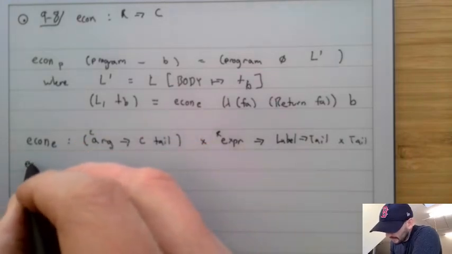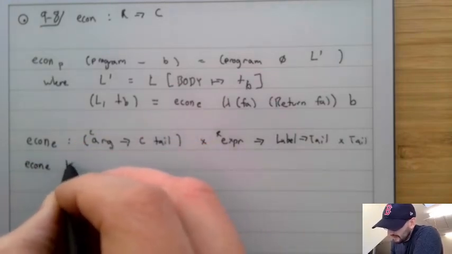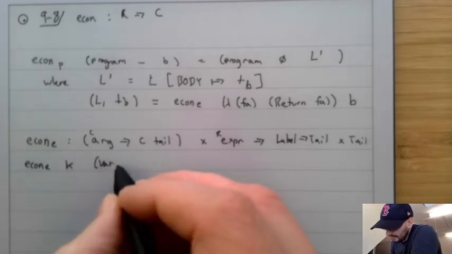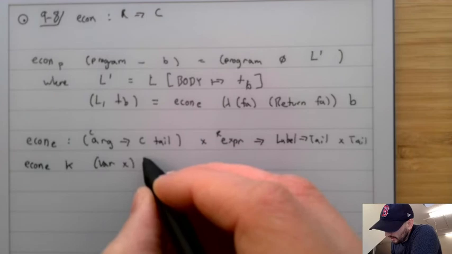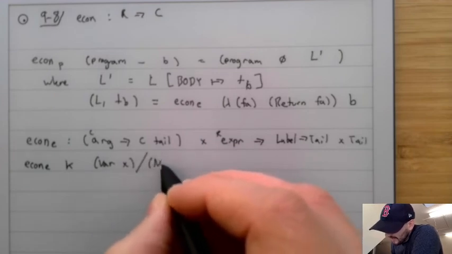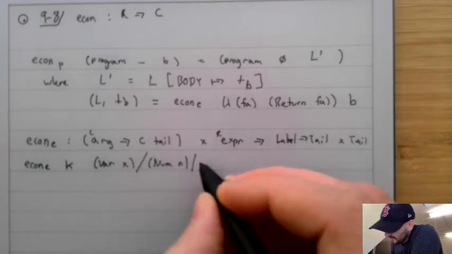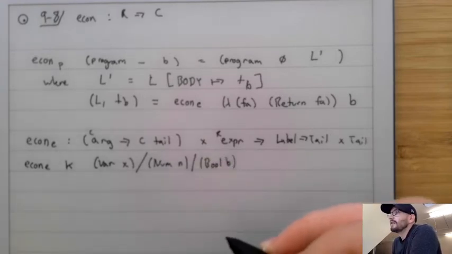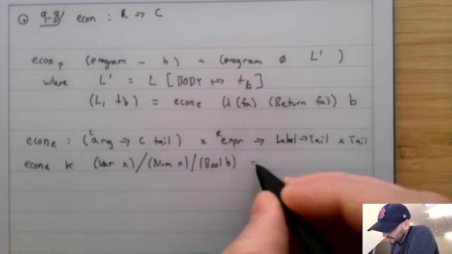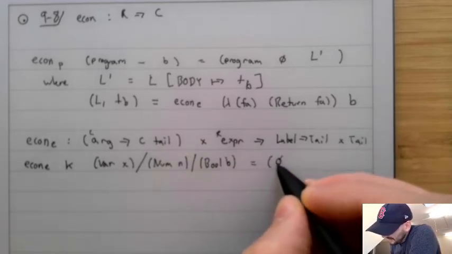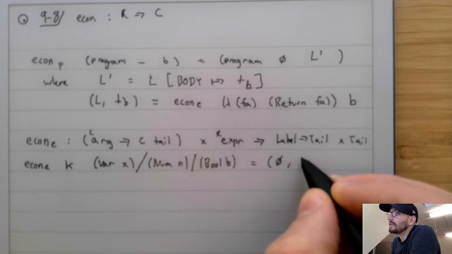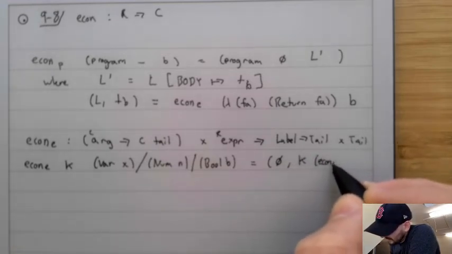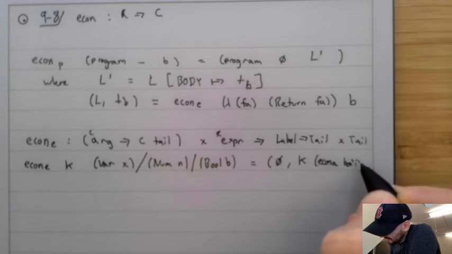Okay, so we could call econ E with K, and we could get back something that's boring, like a variable X, or a number N, or a Boolean B. And whatever that thing is, we'll just return an empty mapping, and then we'll call K and give it econ A of that boring thing.